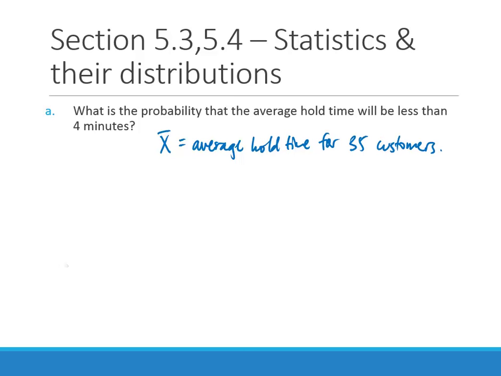And we want to know the probability that X bar is less than 4. Okay, so again, I don't know what the distribution of X bar here is, but here n equals 35, which again is bigger than or equal to 30. So we can use the central limit theorem.